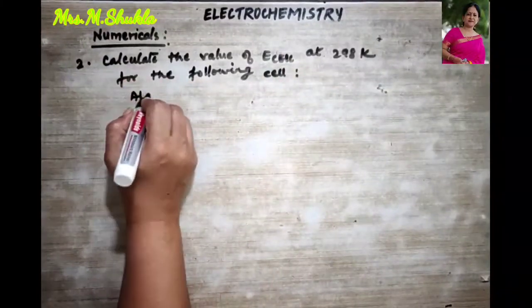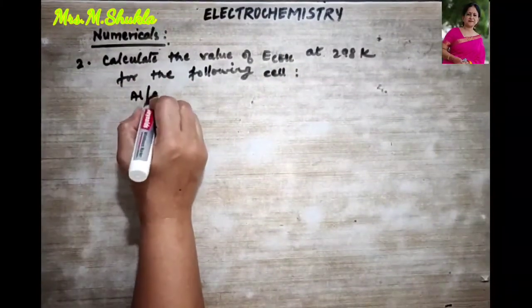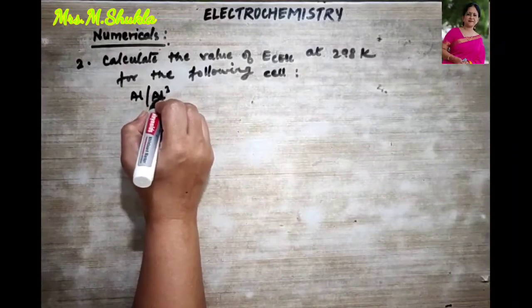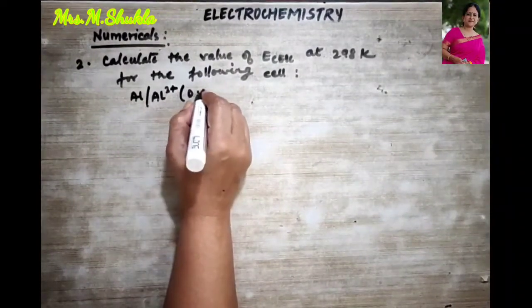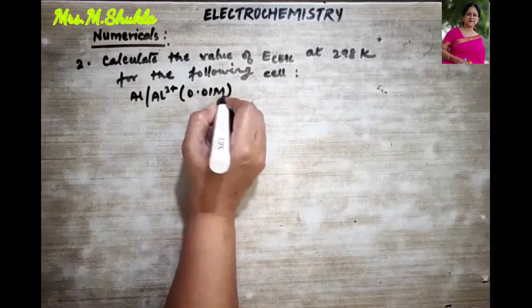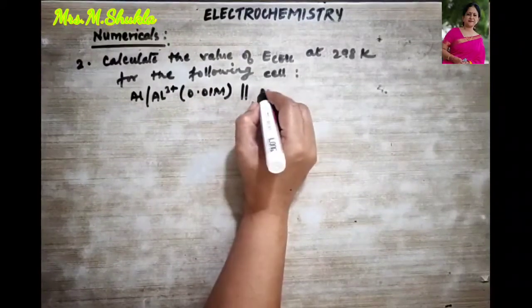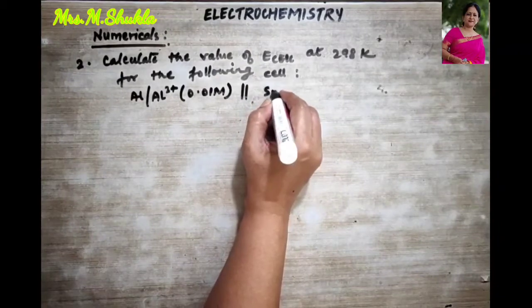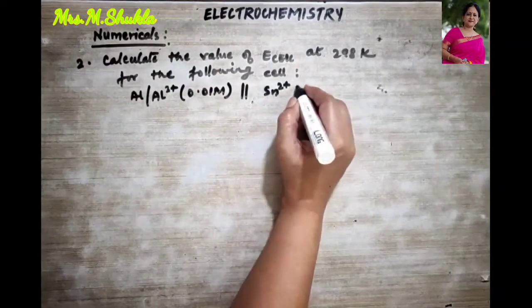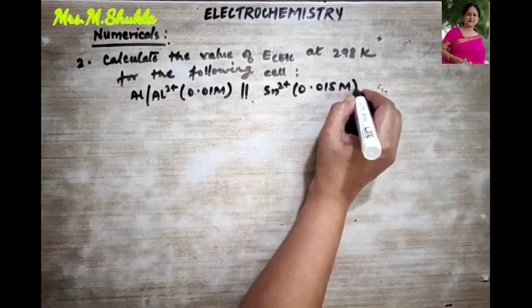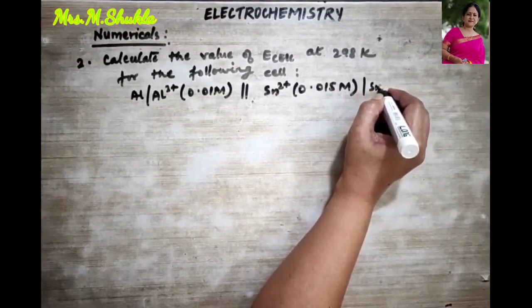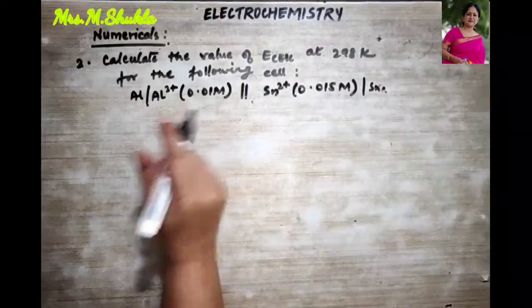So let us look at this cell. Aluminium to aluminium ion, Al3 plus, concentration 0.01 M, to the cathode, that is Sn2 plus, concentration 0.015 M, to the metal Sn.